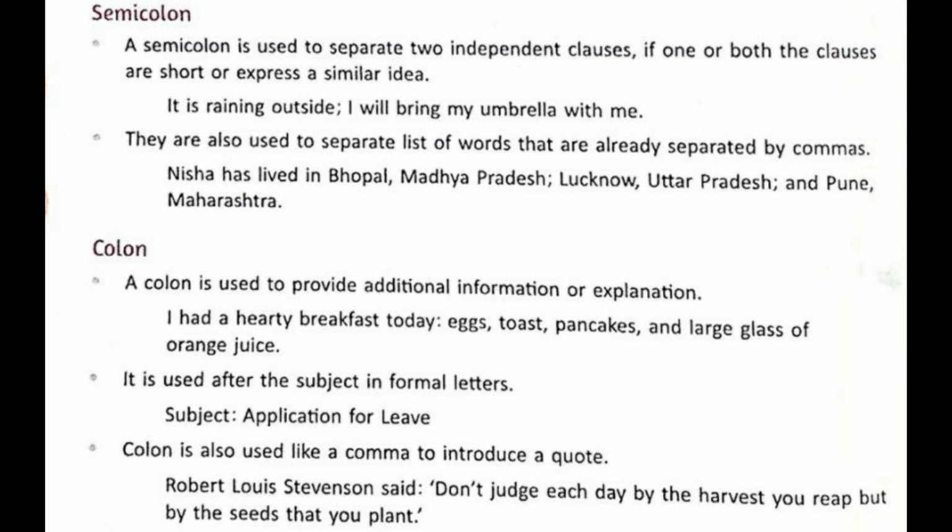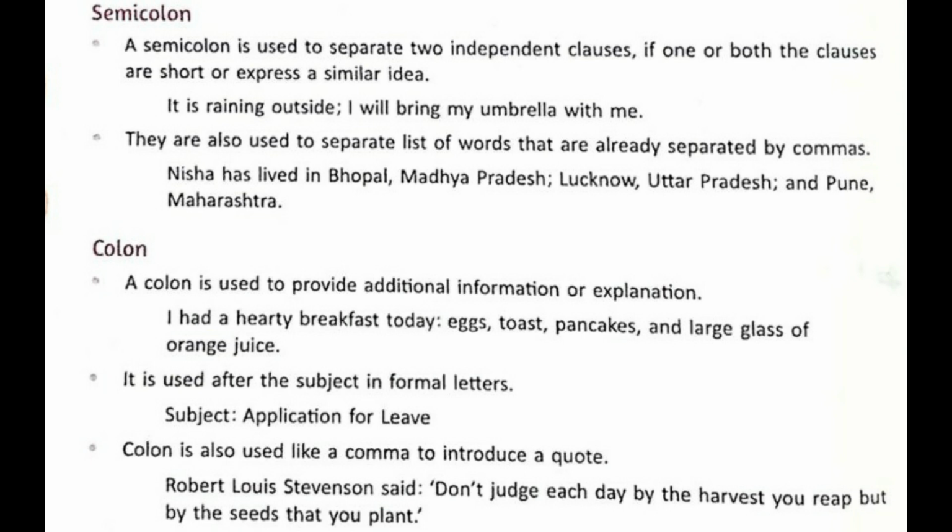For example, "It is raining outside; I will bring my umbrella with me." I'll read the sentence once again. "It is raining outside. I will bring my umbrella with me." As you can see, both are independent clauses, they are short, and they express similar ideas.